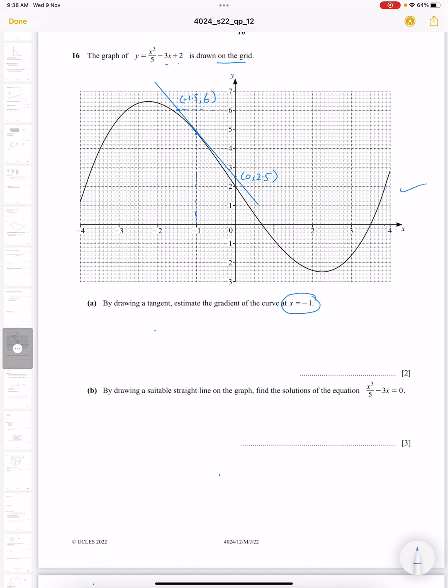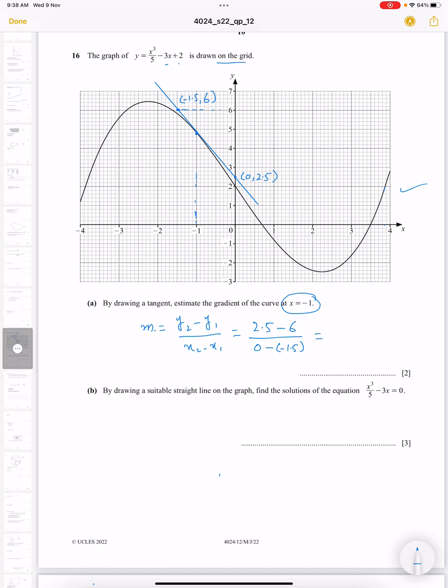So by using these points, we can find the gradient. You must know the formula of gradient, which is y2 minus y1 over x2 minus x1. So that will become 2.5 minus 6 over 0 minus negative 1.5.